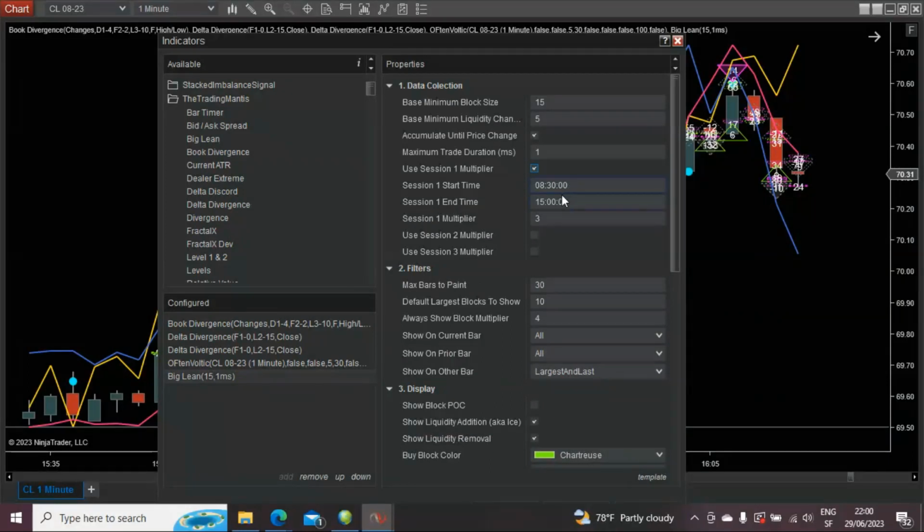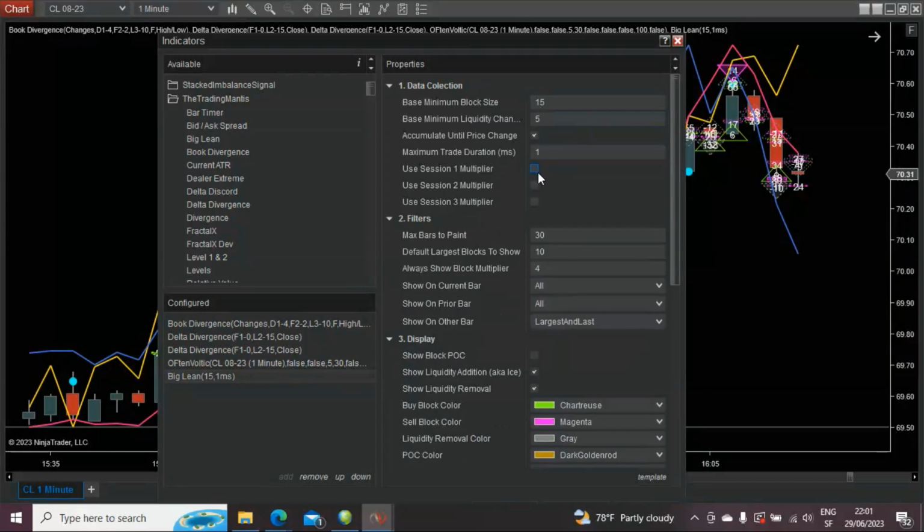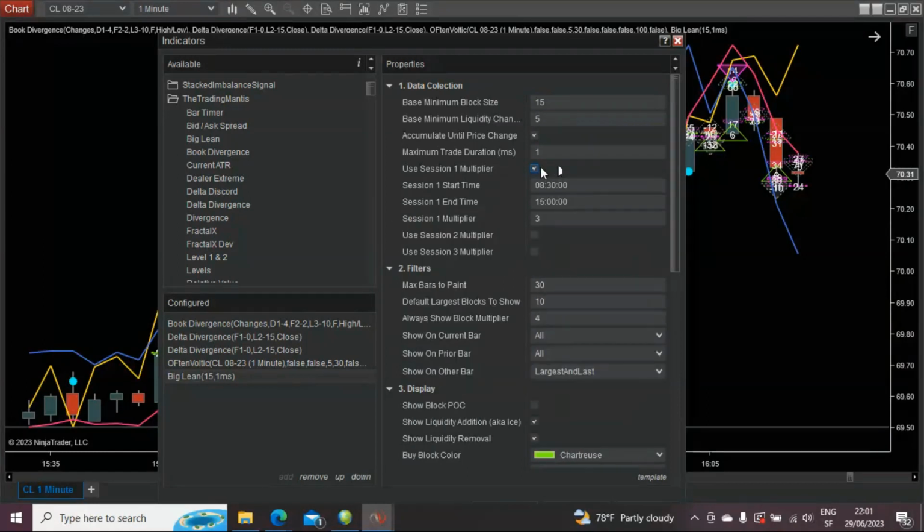For example, if you're on New York time and open at 8:30, you may want to multiply the minimum block size by 3. Then it would look for at least a 45 before it signaled. You have that available for up to 3 different sessions. But as I say, personally, I haven't used them myself.